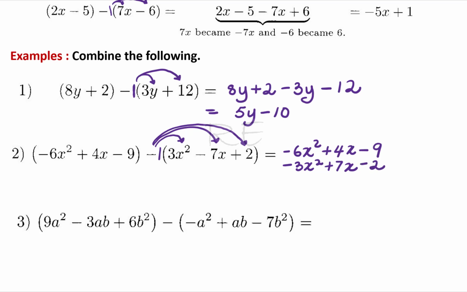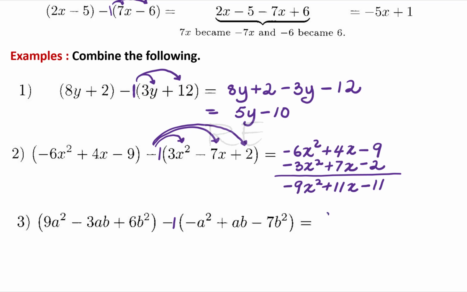We add them vertically because of a lack of space. Negative 6x squared, negative 3x squared, negative 9x squared. 4x plus 7x, 11x, negative 9 plus negative 2, negative 11.